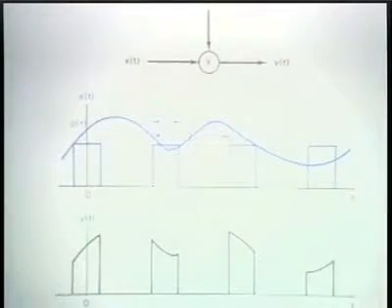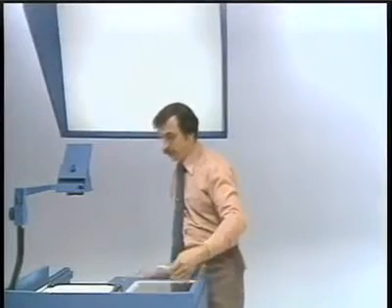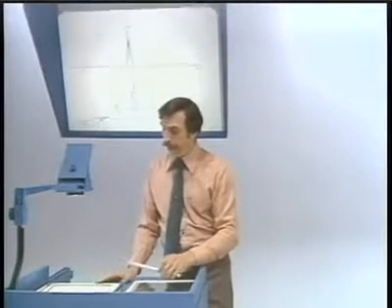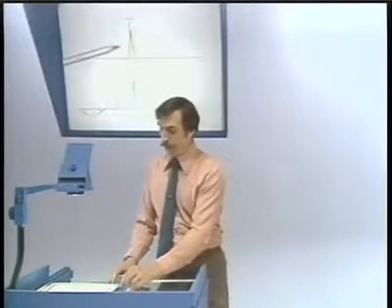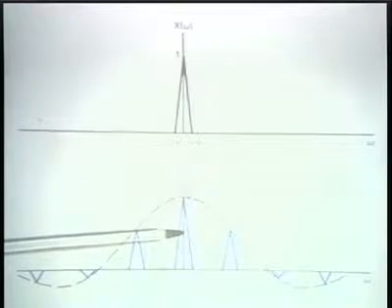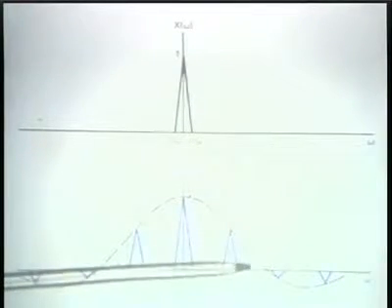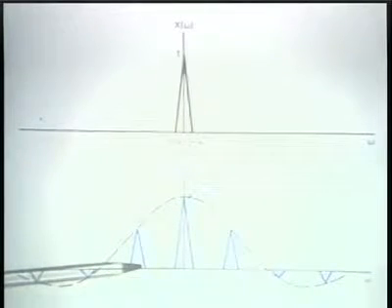Stressing again the reason, it relates to the spectra, and the reason is that the original spectra is simply replicated at multiples of the fundamental frequency of the pulse train.